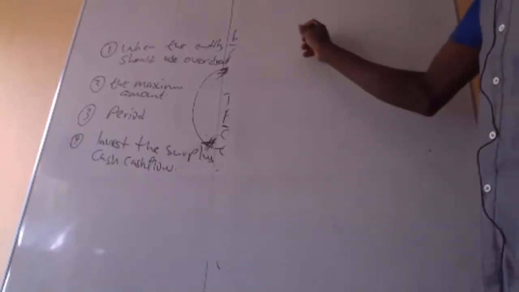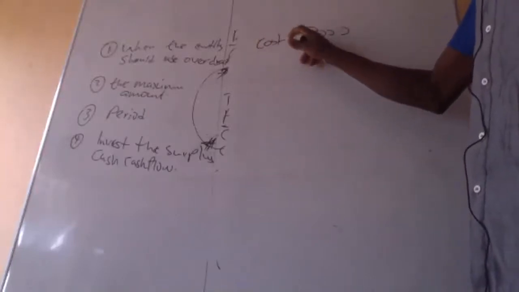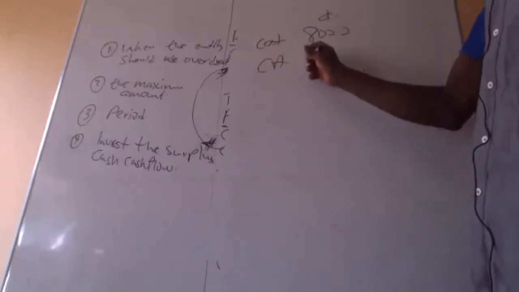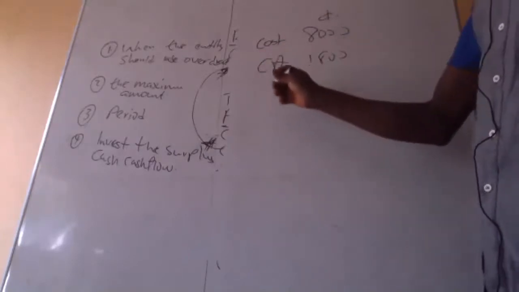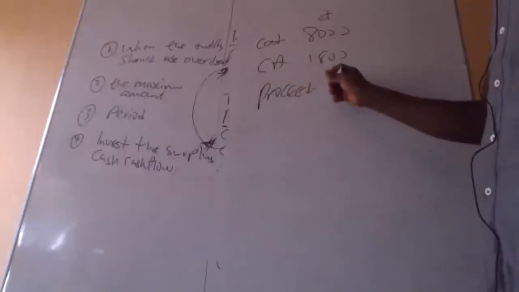The original cost is 8,000. That's the cost 3 years ago. Now the current amount, see, is 1,800. You are going to sell it for the proceeds of 3,000.